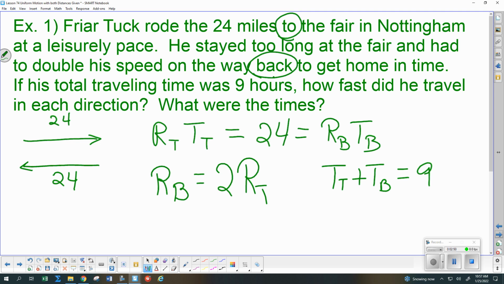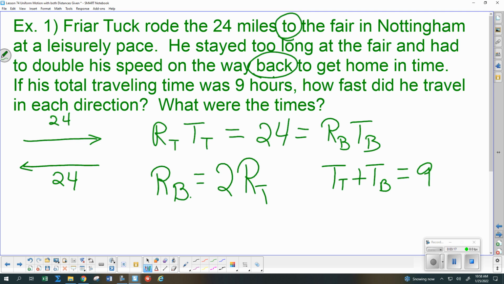And this says how fast in each direction, what are both the rates, and it says what are both the times. So we need to end up figuring out RB, TB, RT, and TT. So for this one, I am going to start doing some substituting. I know RB is all by itself and equals something else.